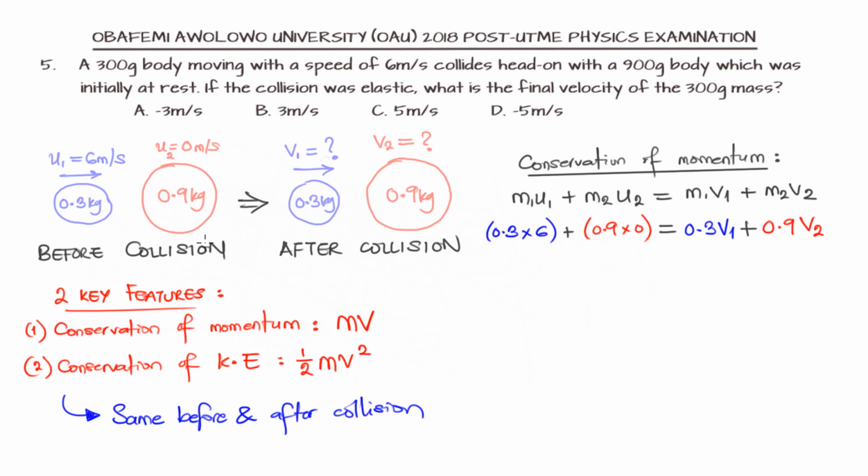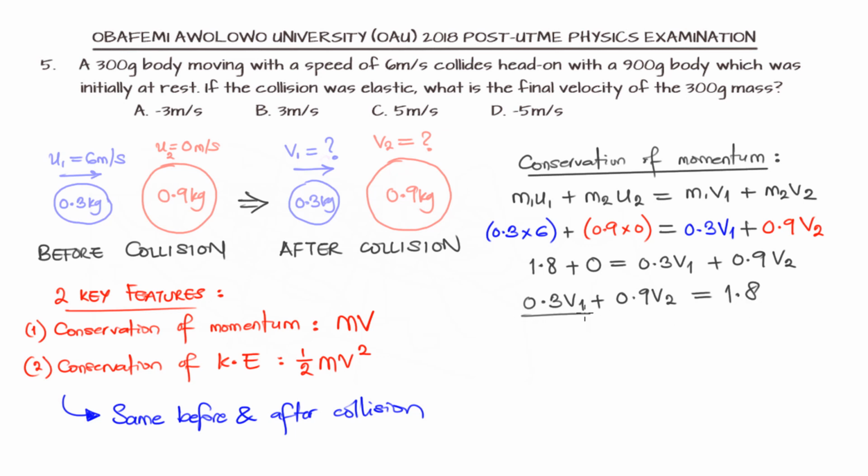Now if we multiply out and simplify this, 0.3 multiplied by 6 will be 1.8. The other value is 0. So we have 1.8 is equal to 0.3 v1 plus 0.9 v2. Rearranging, we have 0.3 v1 plus 0.9 v2 is equal to 1.8.